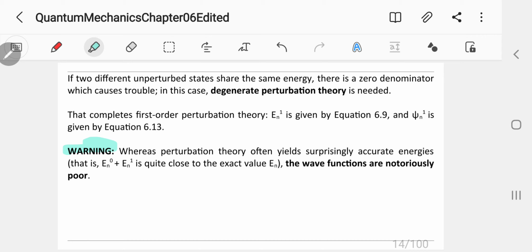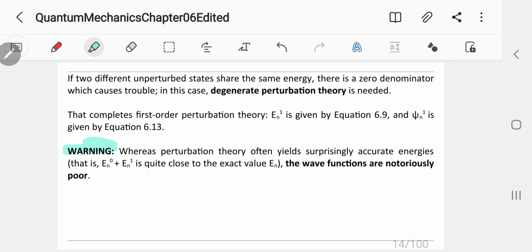We can measure experimentally the energies to be really close to the exact value of the perturbed system, but the wave functions will have some problem. Some work has to be done to close in on the correct wave function.